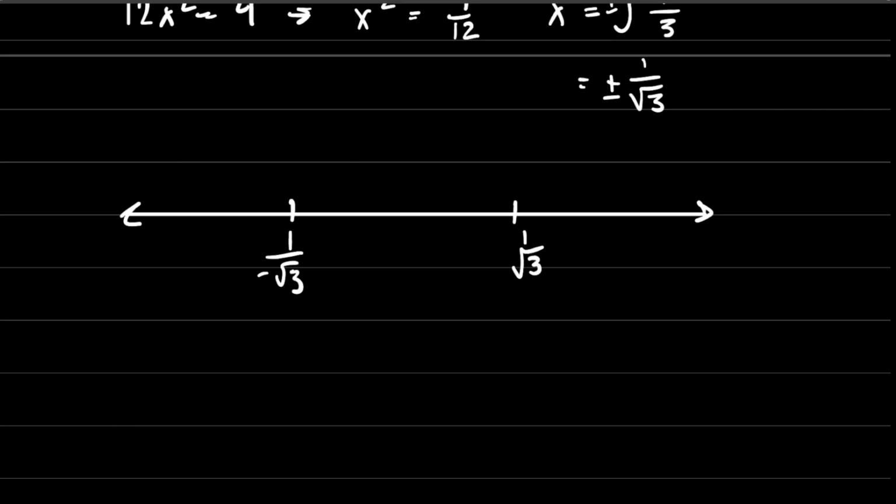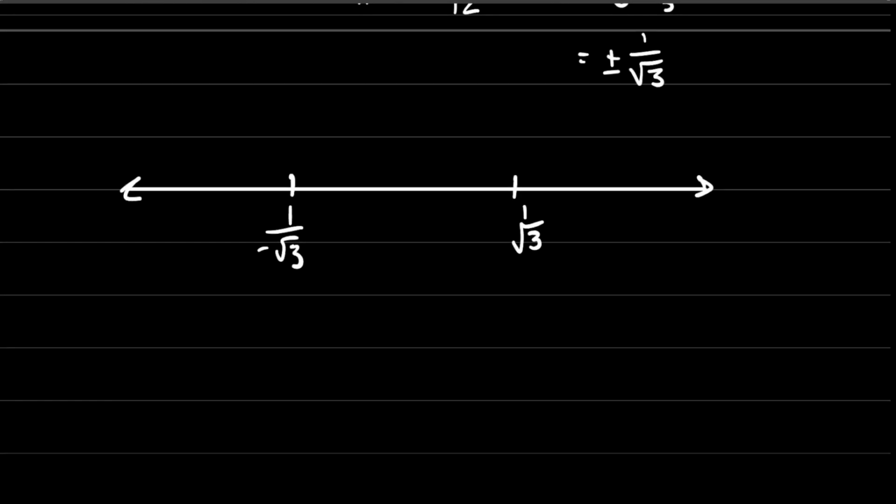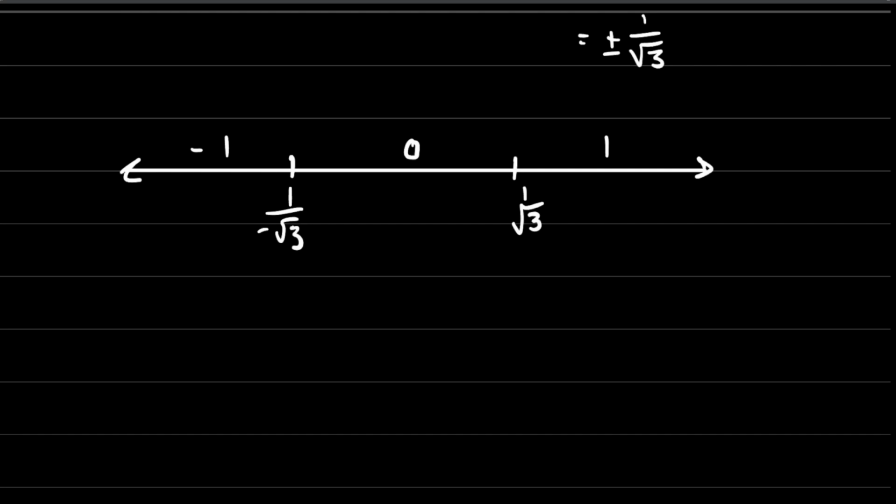Because we know that 1 over root 3 is greater than 0, and we know that 1 over negative root 3 is less than 0, we can just plug in 0 as our value here. And then here we can plug in 1, and here we can plug in negative 1, because we know that these values are going to be less than or greater than, in this case, our two critical points here, or at least our points of inflection, rather.